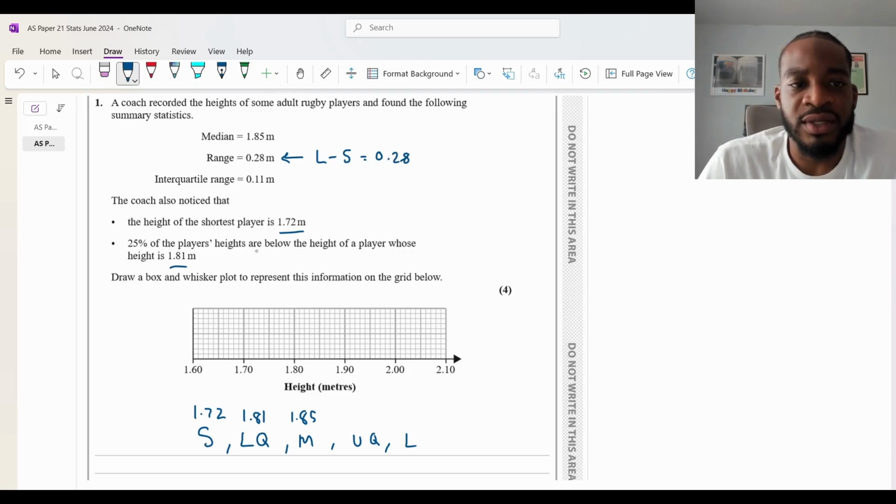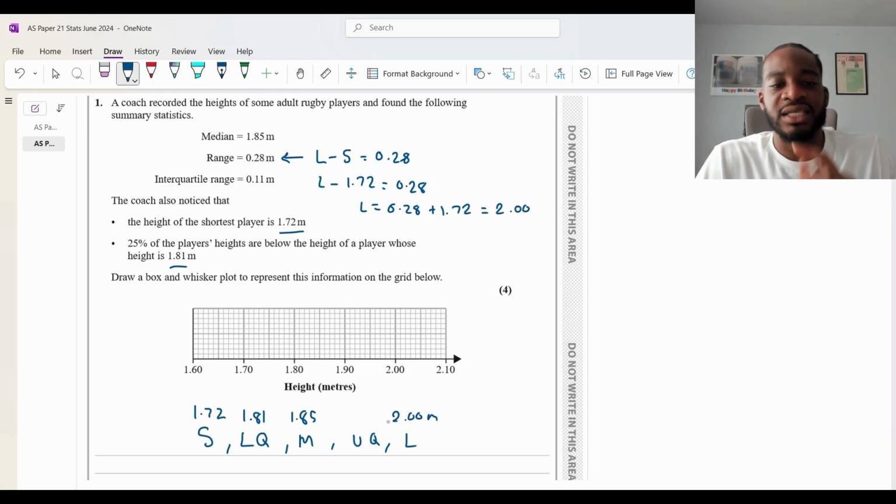Now we know the smallest value is 1.72. So L take away 1.72 is equal to 0.28. Add that on, that tells me that 0.28 plus 1.72 is the largest value, which is 28 plus 172, which is 200. So 2.00. So the person is 2 meters tall. That's a tall person. Okay, so that's L.